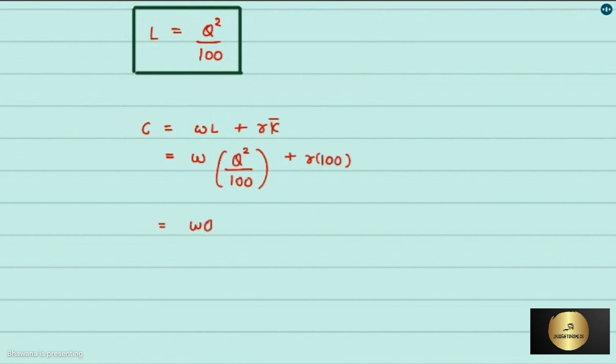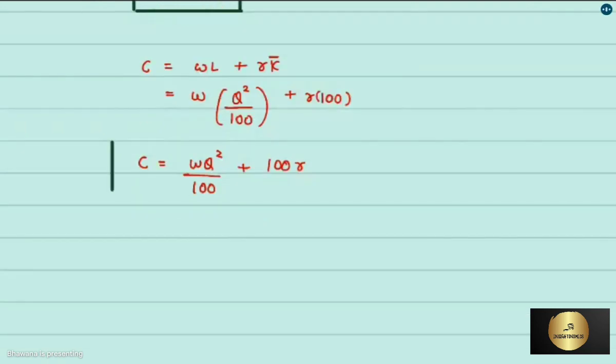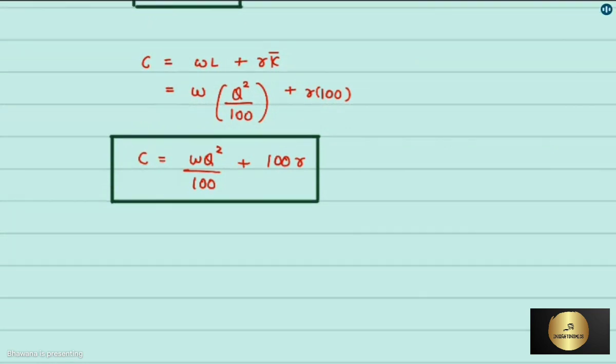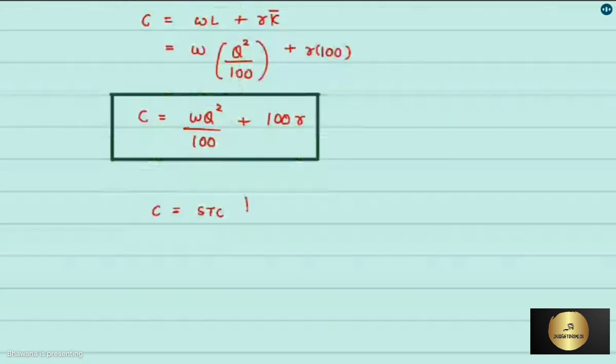So you can easily write it like this: W Q square divided by 100 plus 100 R. So this is an expression for your short run cost function, where C is your short run total cost, short-run variable cost is equal to W Q square divided by 100, and short-run fixed cost is equal to 100 R.